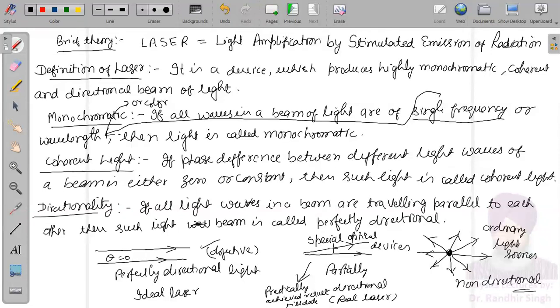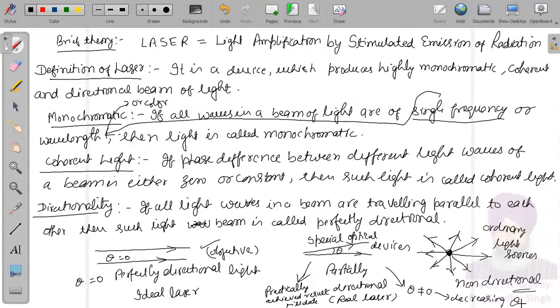So practically this angle theta is not equal to 0. Theoretically this angle theta is 0. What we are doing with time, we are decreasing theta.